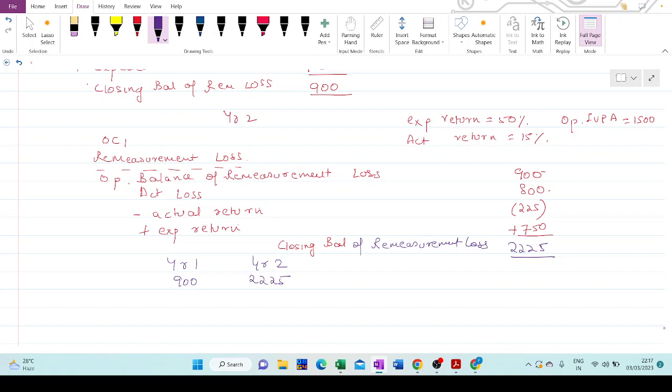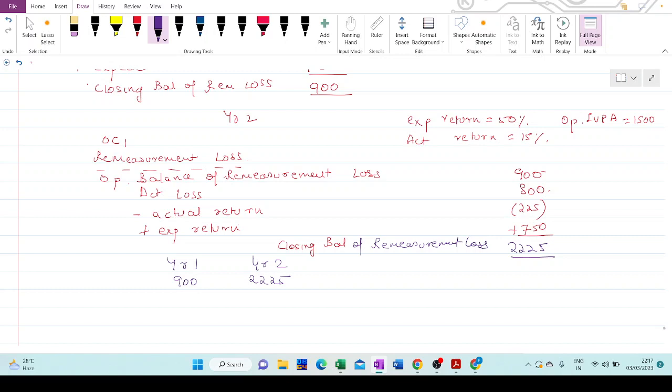IFRS does not allow you to choose the expected return. In IFRS, you can't choose an unrealistically high or an unrealistically low expected return. IFRS says that the expected return is what in IFRS, guys? Bolo?